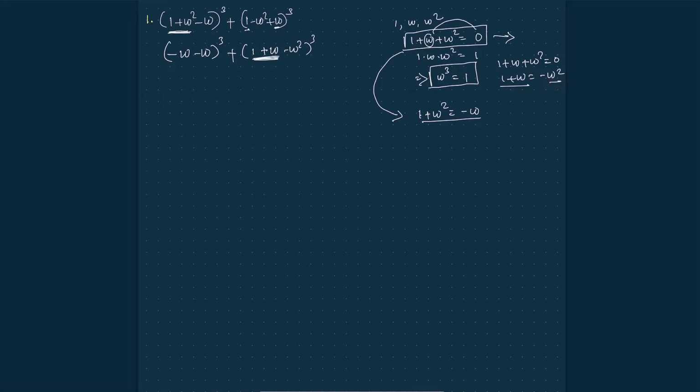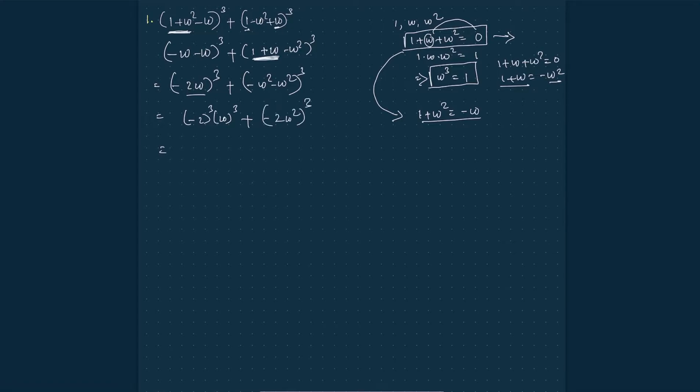So minus omega cube plus minus omega square whole cube. So this will be equal to minus 2 omega cube, and omega is again cubed, plus minus 2 omega square cube.